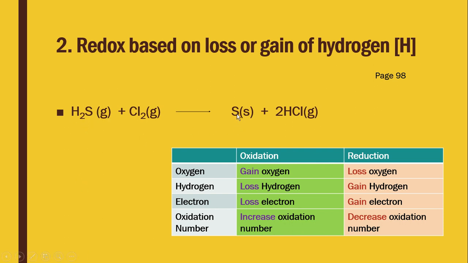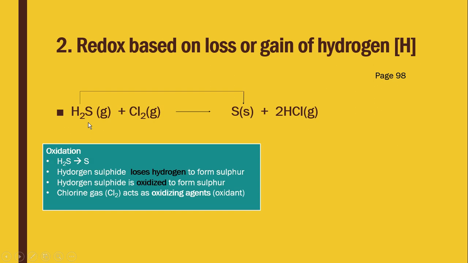After the reaction it becomes sulfur only, so the hydrogen is gone. Whereas chlorine gas, after the reaction becomes hydrogen chloride gas, so it has gained hydrogen. So this one is the reduction and this one is the oxidation.